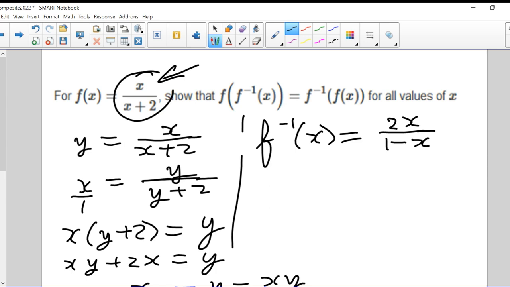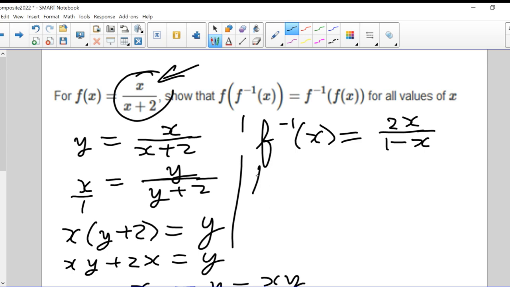All right? I'm not going to do it both ways. I think if I just do it one way, you might get the point. I'm going to put this inverse function, f to the minus 1, into the original function. There's a lot of algebra involved here, so please try to stay with me on this. I'm putting the inverse function into the original function.